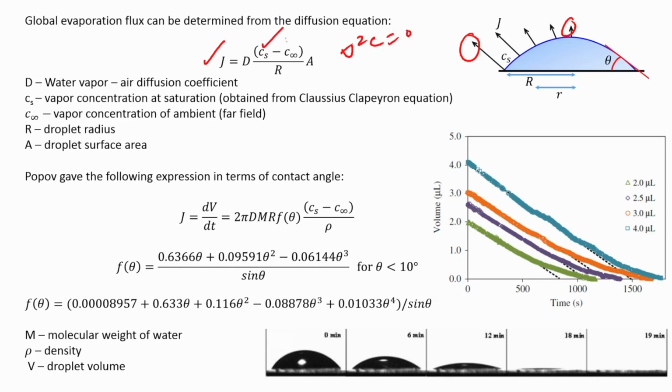So, it is very easy: Cs minus C infinity, where Cs is near the surface and C infinity in the far stream, and you use the length scale of the droplet as the length scale of the problem here. This is the diffusive flux and this is the diffusion coefficient, the mass diffusivity, and this is the total area, right.